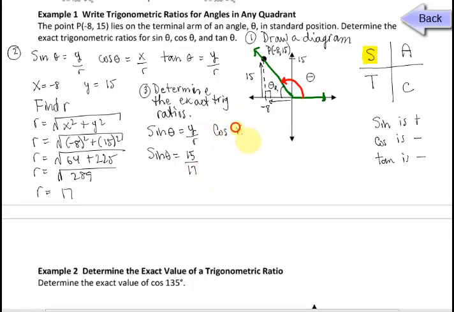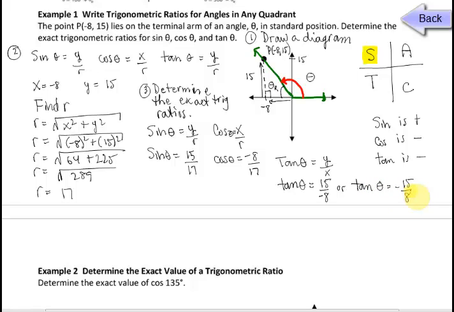Cos of theta is x over r, and so cos of theta is equal to -8 over 17. And tan of theta is y over x. So tan of theta is 15 over -8, or if you like, tan of theta is equal to -15 over 8.